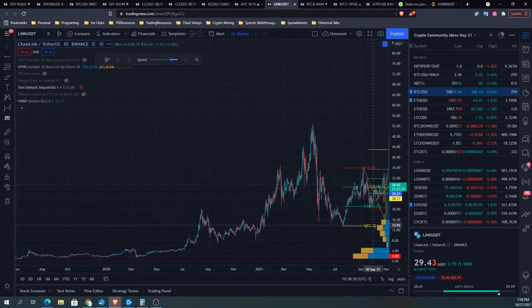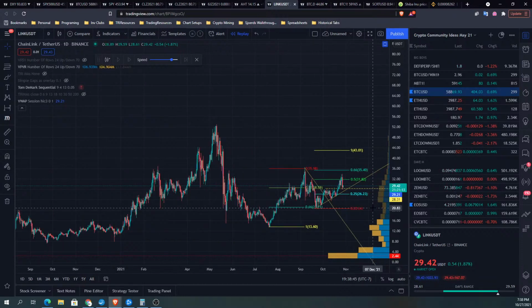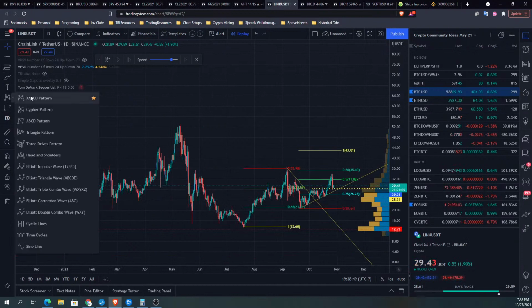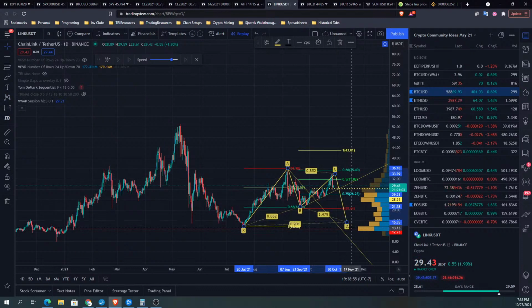So we had a really interesting test of value high. Market rejected that, worked its way up. Probably now, if we do come back down and M out here, we're probably going to take a serious run at that value low. And if we're really lucky, this might actually even be a harmonic, right? It goes boom, boom, boom, boom, boom.